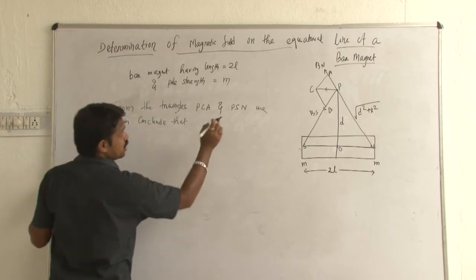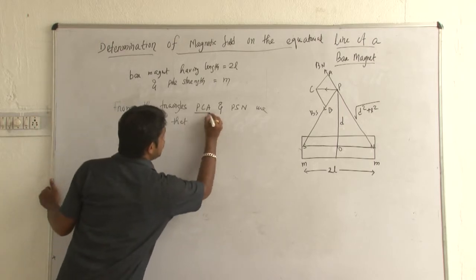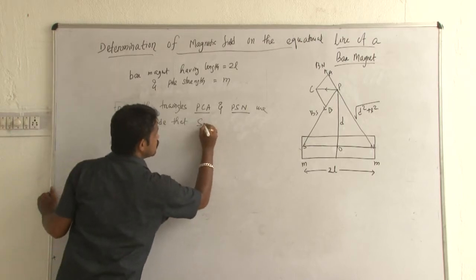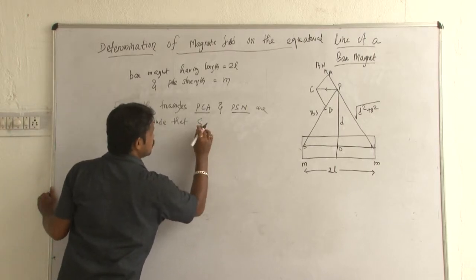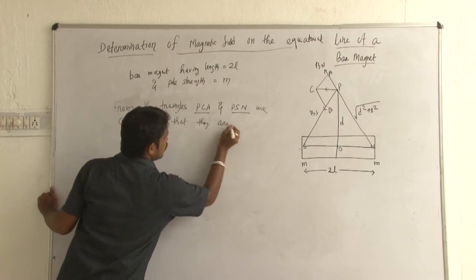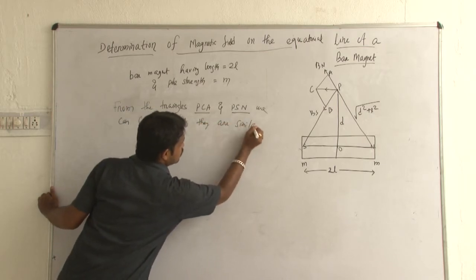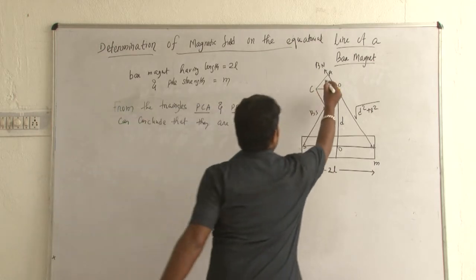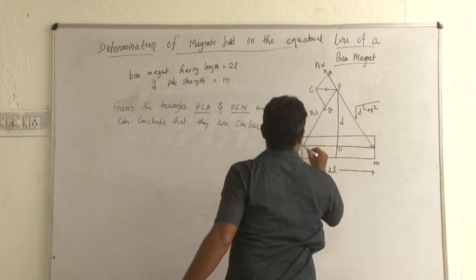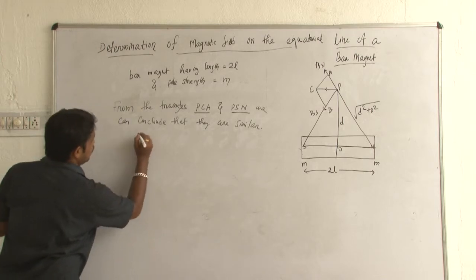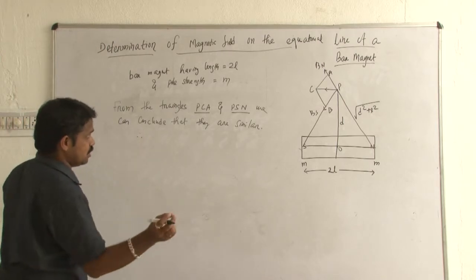Okay, this is very important. So now the triangle PCA and the triangle PSN, we conclude that they are similar. Okay, so now if they are similar, then what can I write? Look very carefully.